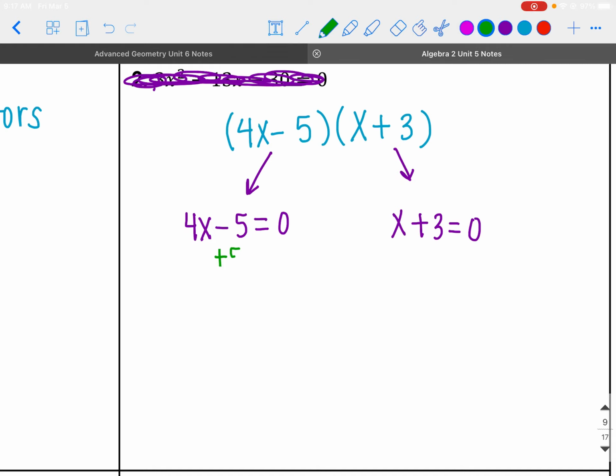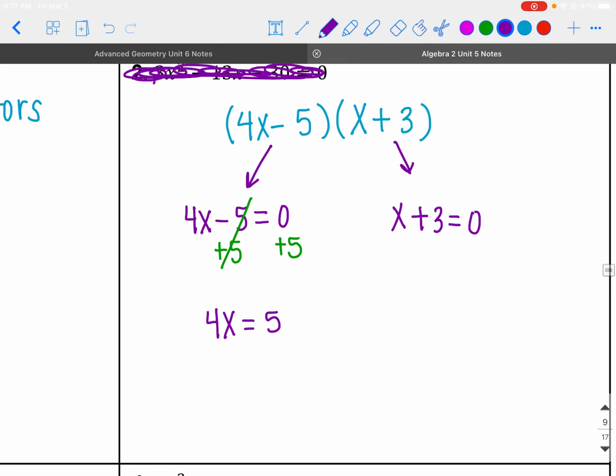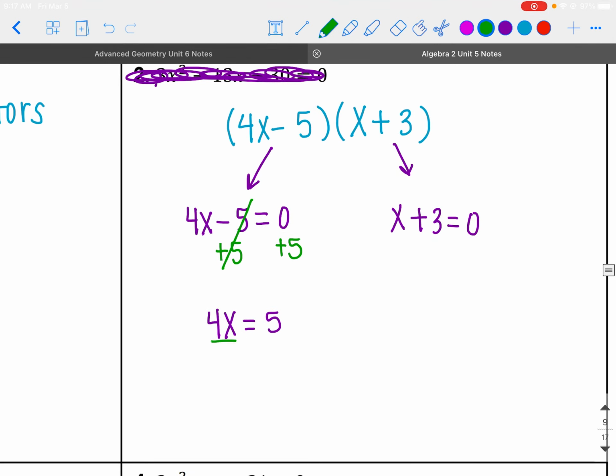The first thing we do is add 5 to both sides, so those cancel. 4x equals 5, and dividing by 4 gives us x equals 5/4.